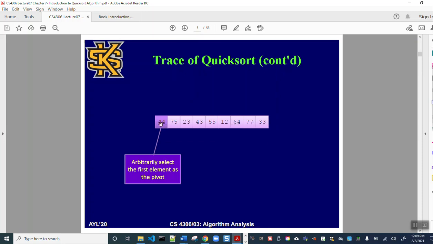We can consider the beginning element or the last element, or the second element, third element, or any element. Later we will see that there are some trade-offs in selecting the pivot element. I personally prefer to select the pivot element as the middle element.